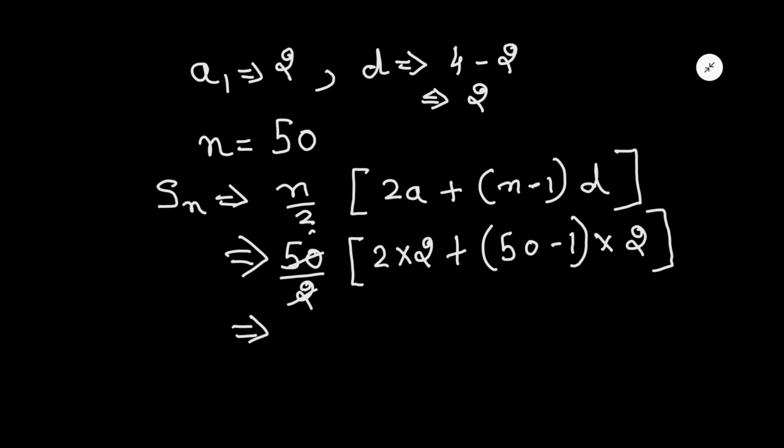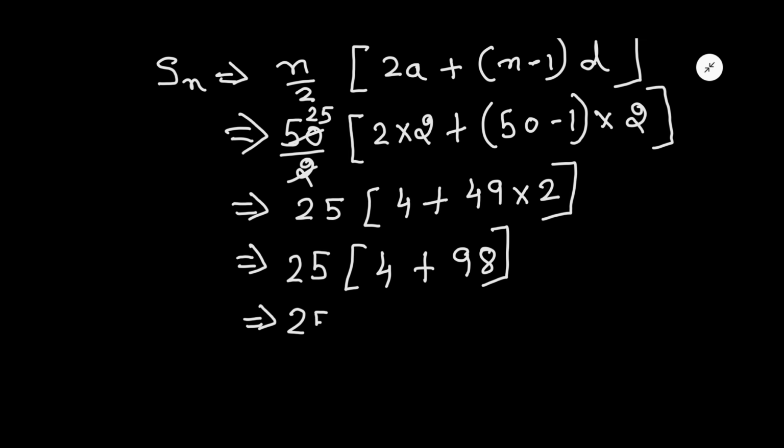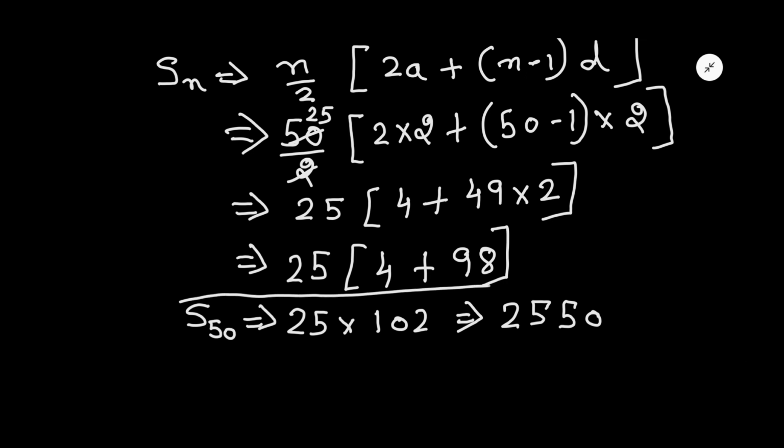So as 2 into 25 is 50, 25 [2 into 2 is 4 plus 49 into 2]. 4 plus 49 into 2, which is 98, so 25 into 102. 25 into 102 is equal to 2550. So our final answer is 2550.